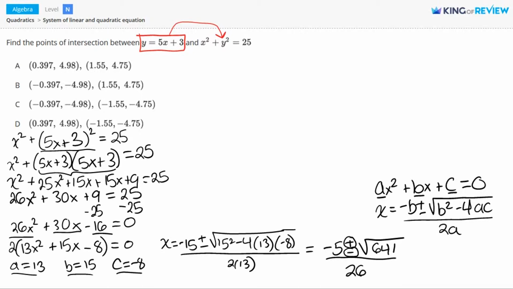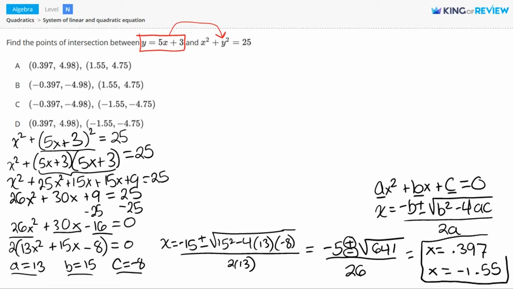So use your calculator to solve for x. We get x equals 0.397, and we get x equals negative 1.55. So these are the two x values. These represent the x coordinates of the points of intersection.